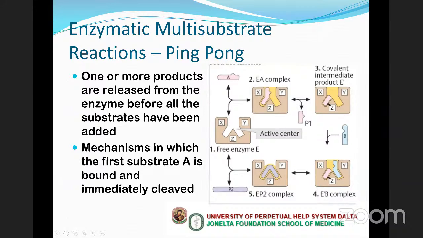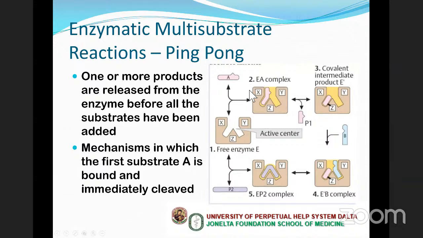Okay. So what's the difference? So one or more products are released from the enzyme before all the substrates have been added. Mechanisms in which the first substrate A is bound and immediately cleaved. So you start at your free enzyme, then you would first form your enzyme plus substrate A complex. Then it would have a product.